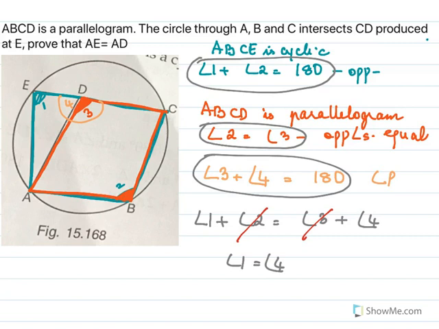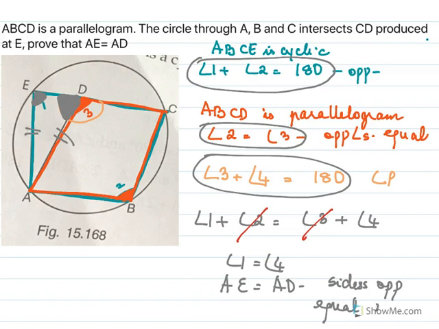Now if angle 1 is equal to angle 4, these two angles are equal, so I can say AE equals AD, sides opposite equal angles. And I proved it. This was 1 and this is of course 4.